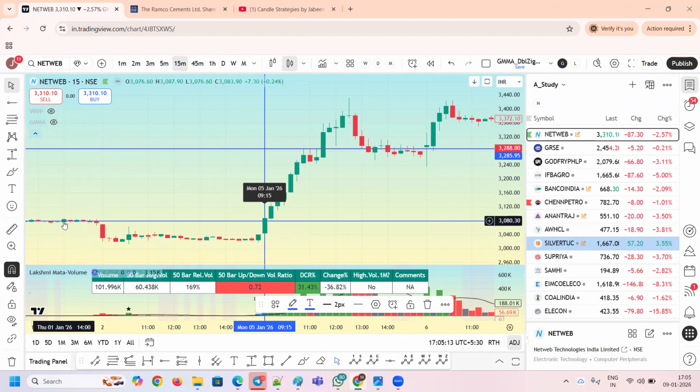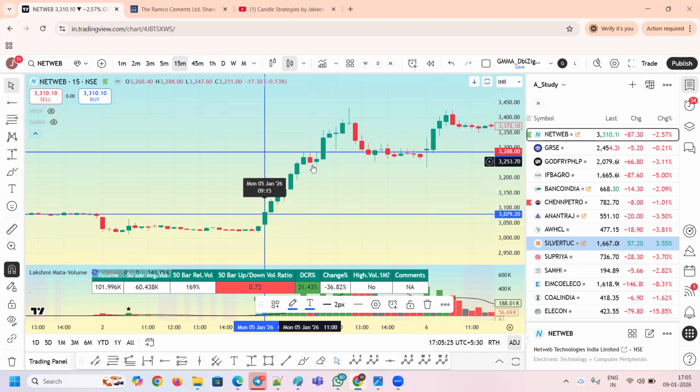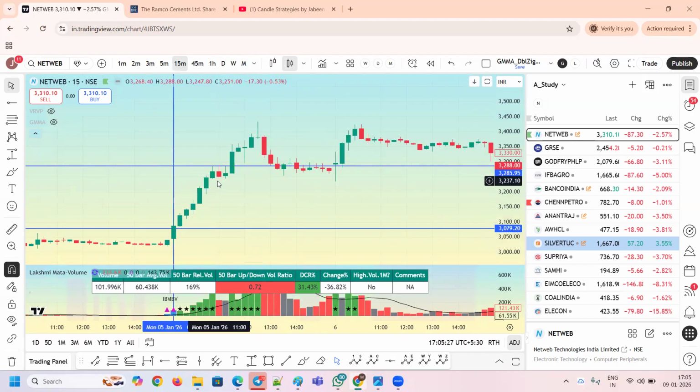Also, when you see this, it has closed above the resistance, so you can ride this till you find one good red candle. After this red candle, you have to decide whether you want to continue this journey or stop here. If you are a fresher, please stop here, because you don't have that experience, and this stock is very volatile.